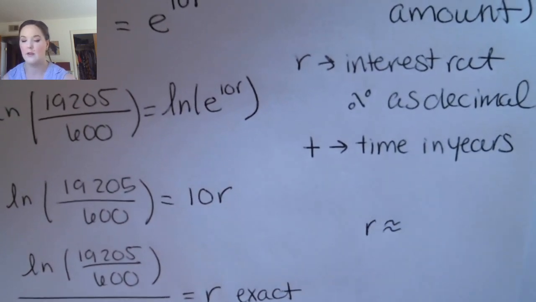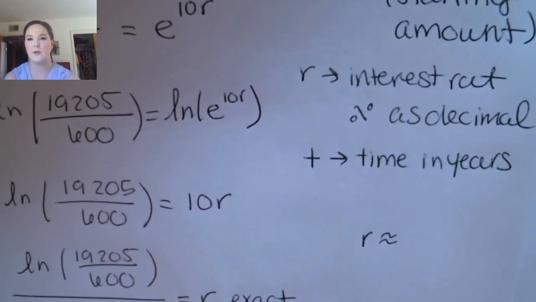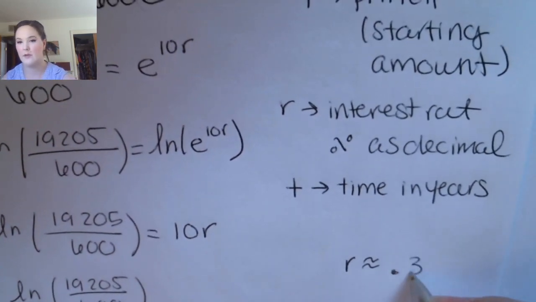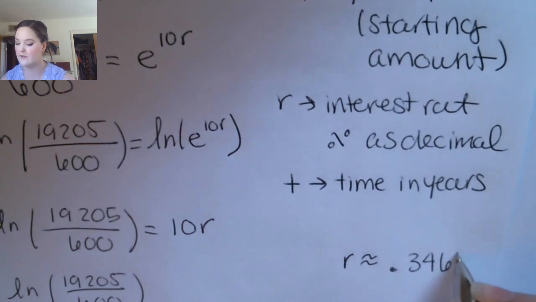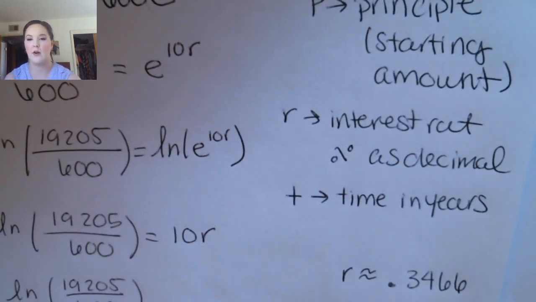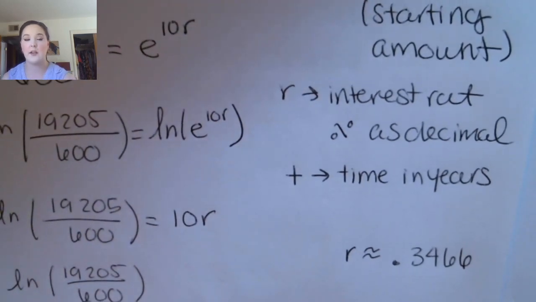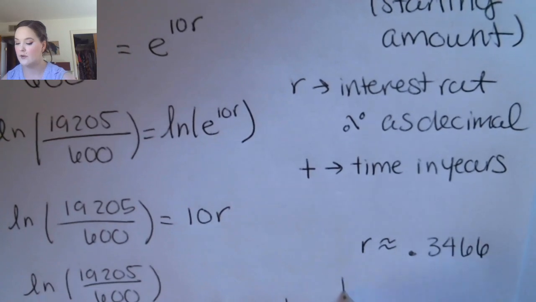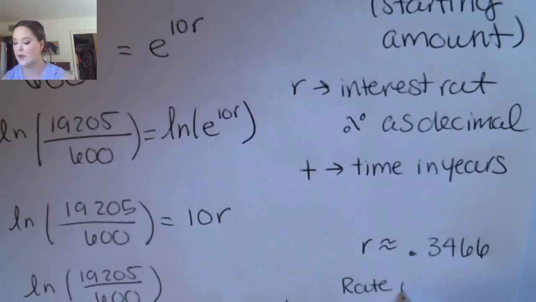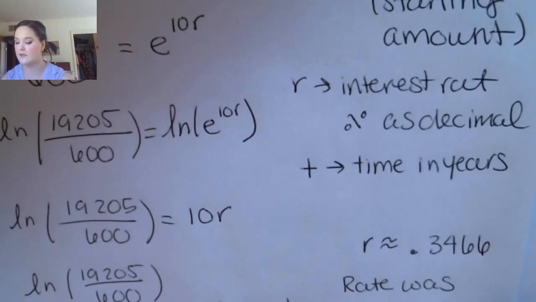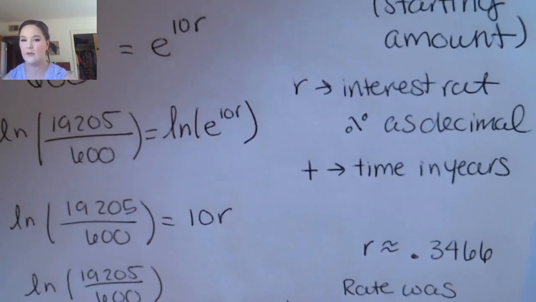Now I actually did this before, so let me just look at my answer. I got 0.3466. Now remember that R is the interest rate, which is a percent, but it's written as a decimal. So you would say the rate was 34.66%.